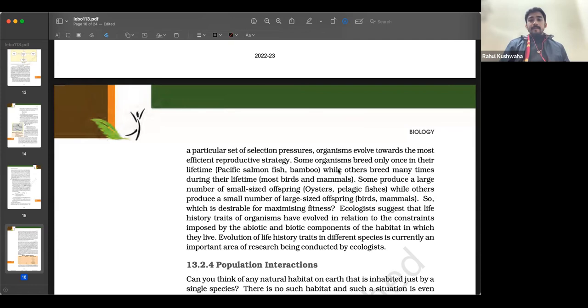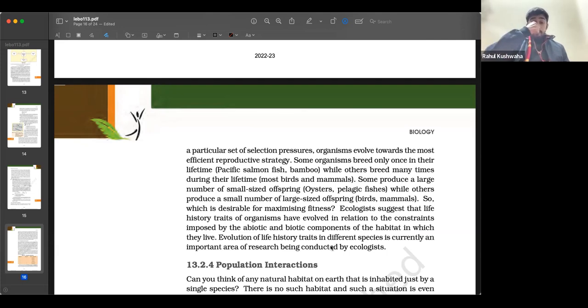So in case of oysters, for example, they produce a large number of small sized offspring. So just pay attention here. You can write this down. Oysters and fishes, these pelagic fish, they produce large number of small sized offsprings.